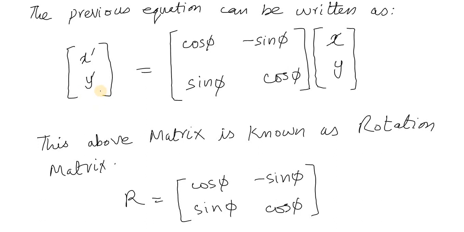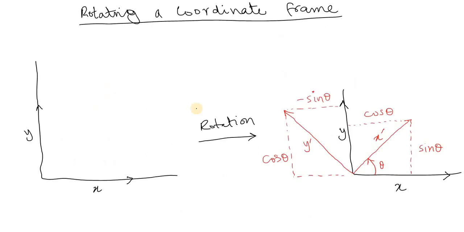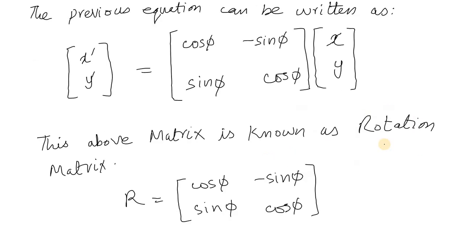So here, we can consider this rotated frame as two vectors. One is x dash and the second is y dash. Now we have two different vectors, so we can use this formula here to find their x and y components.